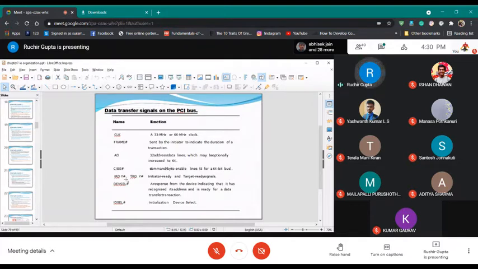And then command and byte enable lines. And then these handshake signals, I ready and T ready, that is initiator ready and target ready signals. And then DEVSEL I'll talk about a little later. And IDSEL, initialization device.